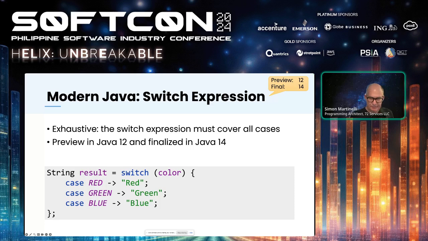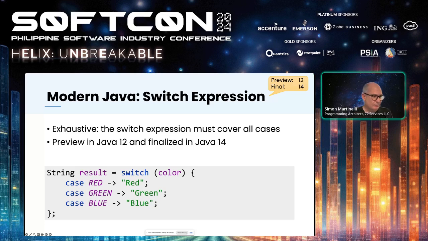Then the switch expression is something that is very useful in my application, because in contrast to the switch statement that we had before, the switch expression can yield a result. So here in my case, we have a switch over color, then we have red, green, blue, and the switch expression checks if all the colors are used in the expression.